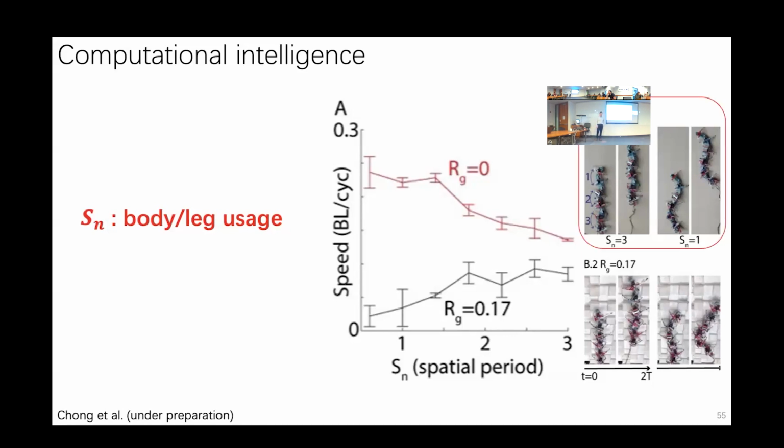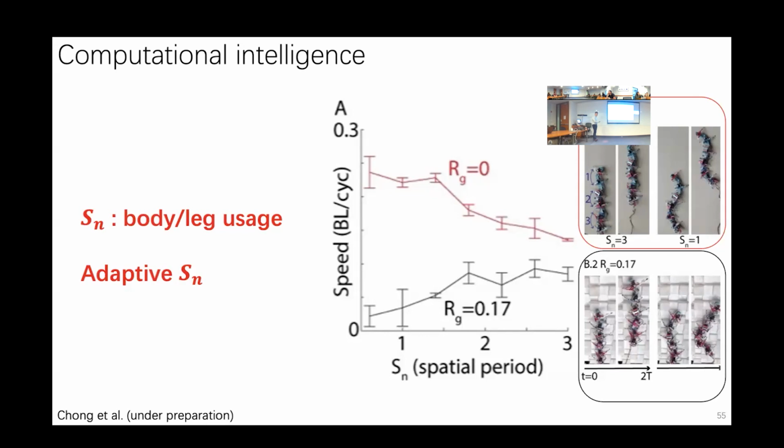The red curve is our experimental result on flat ground, and the black curve is the experimental result on bumpy ground. They have opposite trends. So this has the flavor of computational intelligence. And how about we adaptively choose the spatial period depending on our estimated terrain complexity?